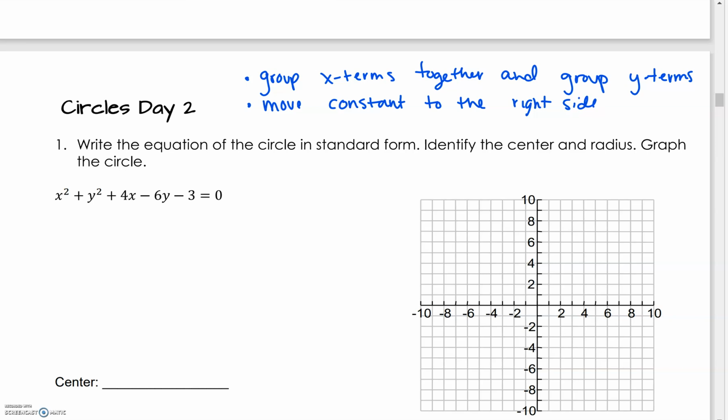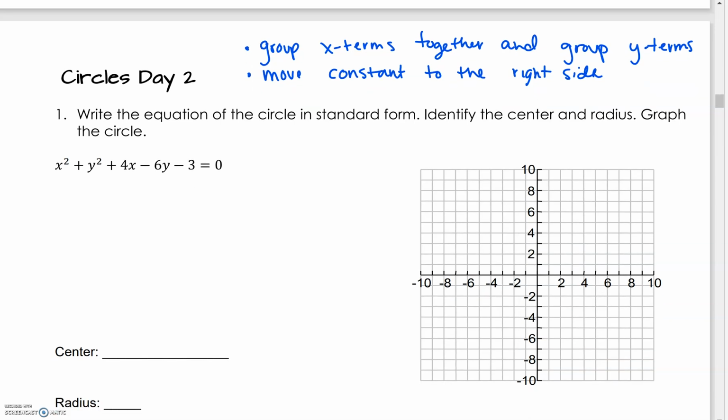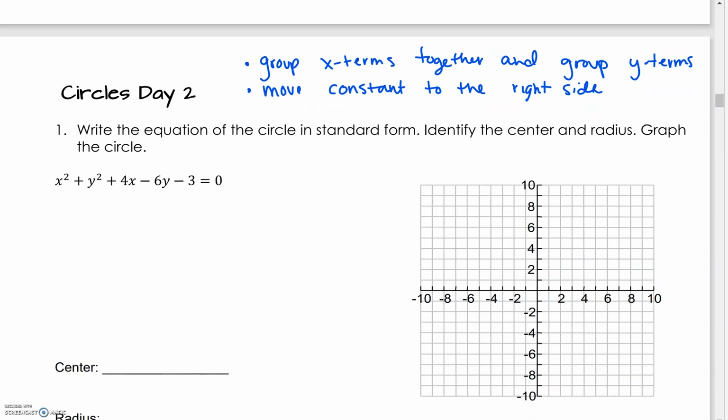And then we are going to figure out what would complete each square, and then we'll have it end up being in the form of x minus h squared plus y minus k squared is equal to r squared, so that our center will be (h, k) and our radius is going to be the r.